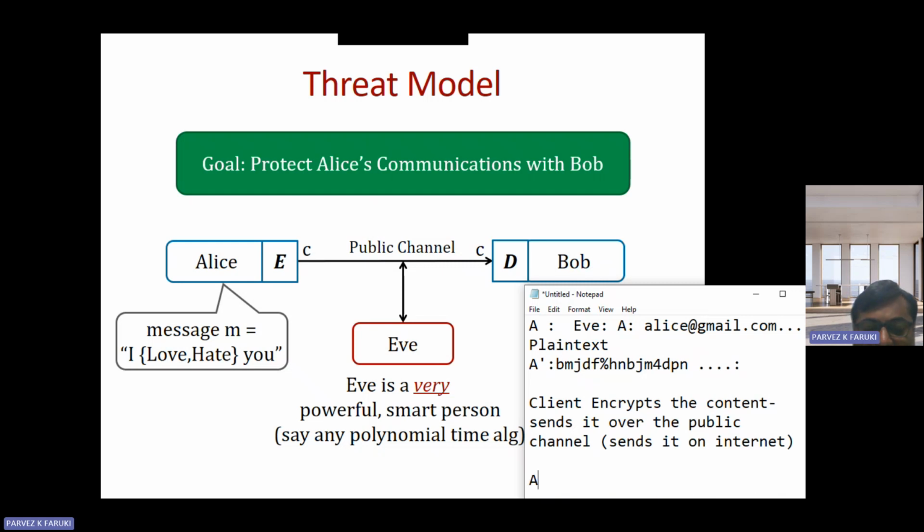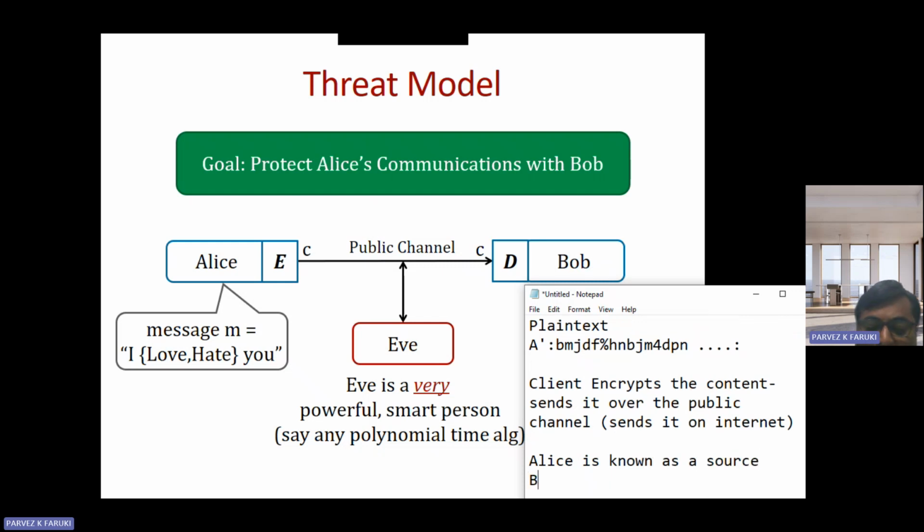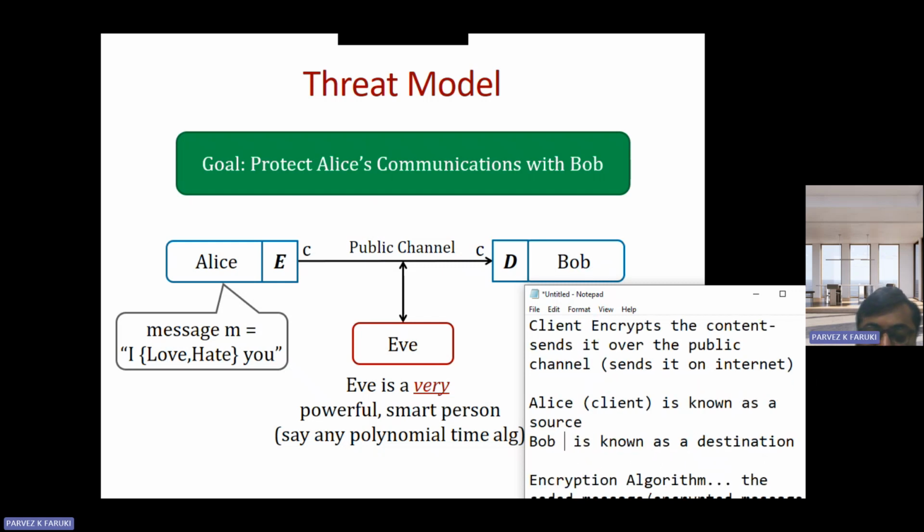Alice is known as the source, and Bob is known as the destination. Why is Alice called a source and Bob a destination? Because Alice is a client and Bob is a server. On the web, we are always in a client-server situation. Now things should be more clear to you.